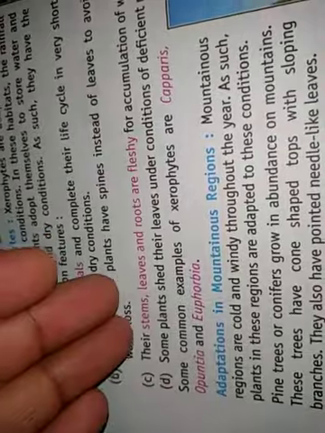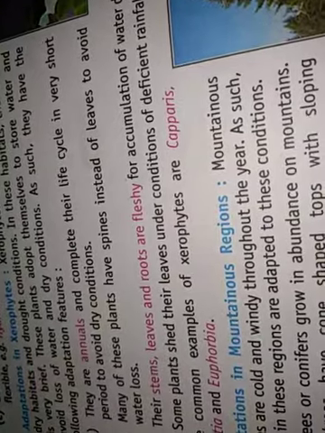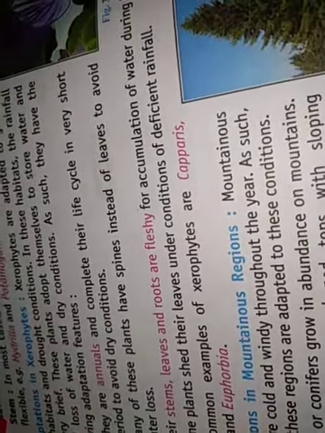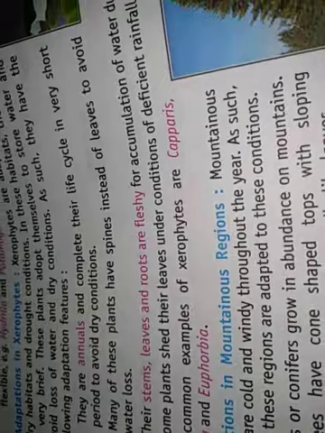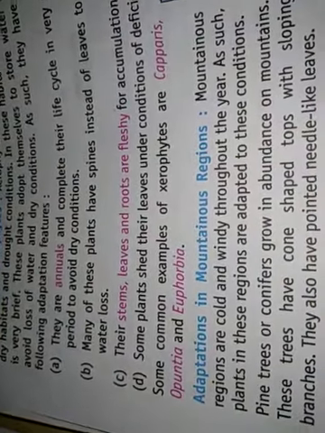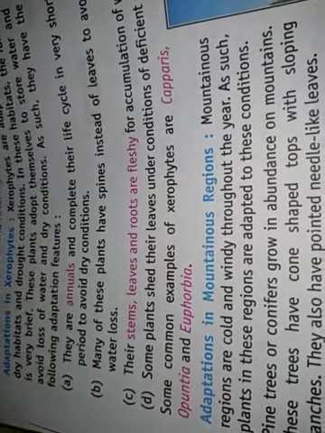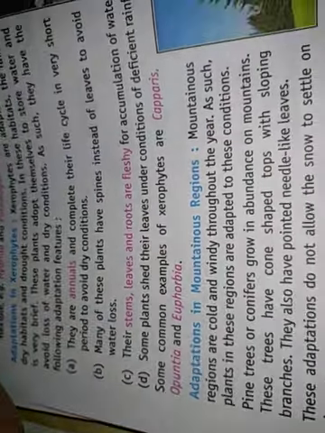And some plants also shed their leaves if there is no rainfall to avoid the transpiration or loss of water. Some of the examples are Capparis, Opuntia and Euphorbia. In the next video, we will be continuing from adaptation in mountainous region.